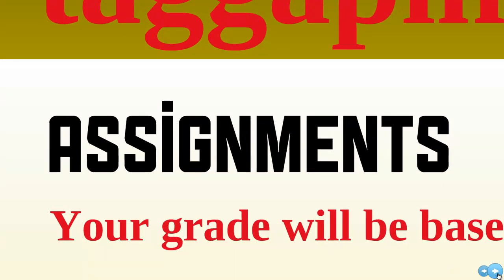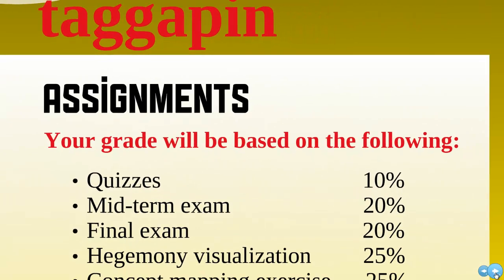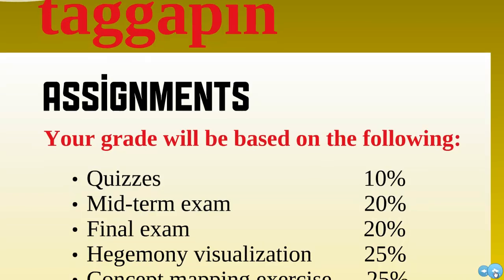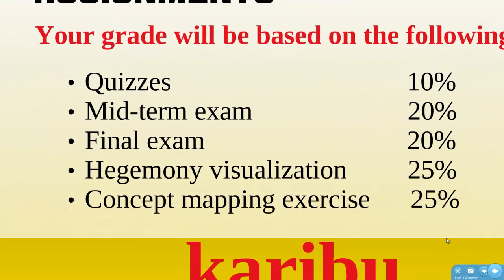Your assignments this quarter will include quizzes on each of the readings and the videos, a midterm and a final exam, a hegemony visualization project, and a concept mapping exercise.